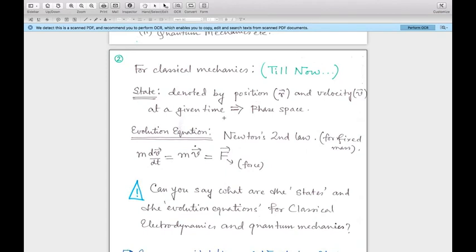And even if it moves, how it moves, then the evolution equation comes, and that is Newton's second law of motion, which simply relates the first order time derivative of v, or the second order time derivative of position, to the force. That is very crucial for classical mechanics.